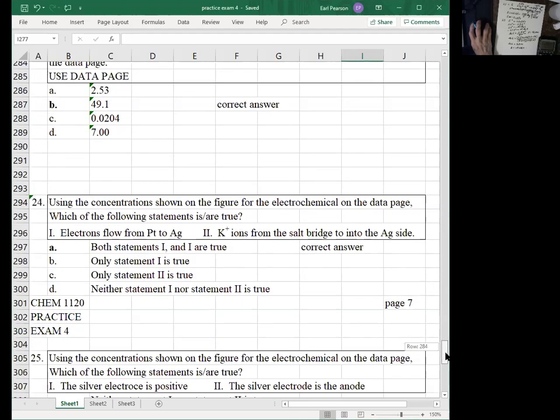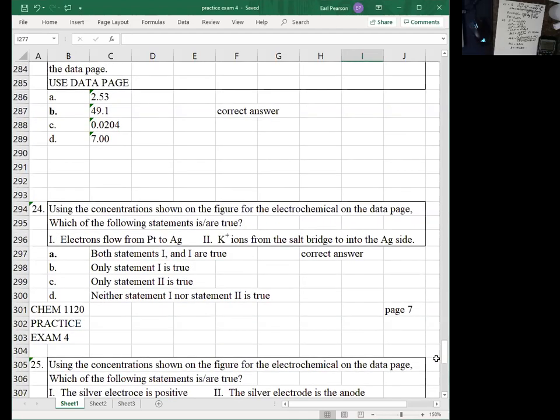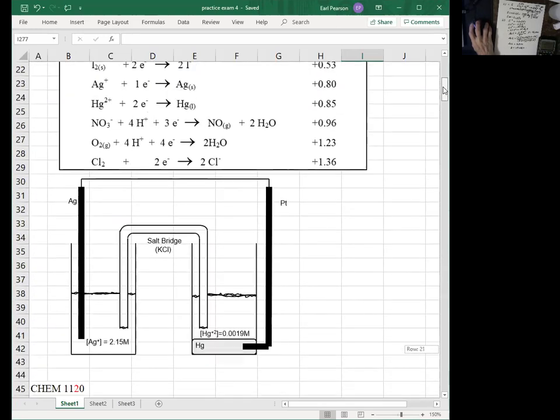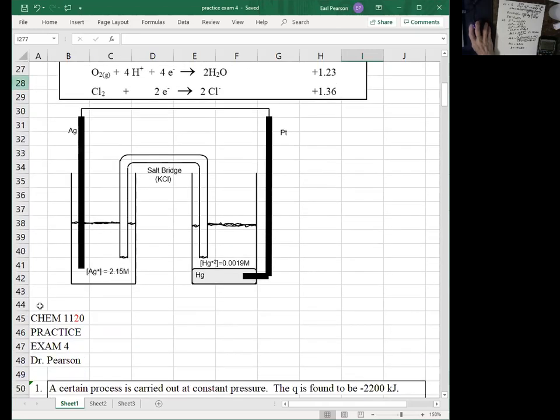Now, using the concentration shown on the figure for the electrochemical cell on the data page, we're trying to determine the direction of electron flow and other things in the circuit. So now, hang on with me just a second here, because we've got things to remember. Now, we're talking about this cell right here.